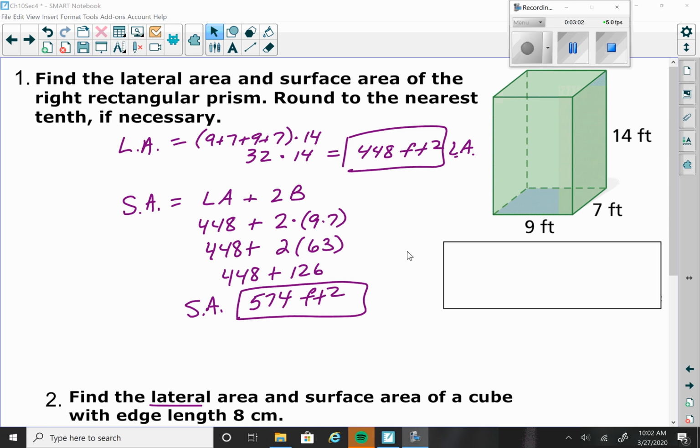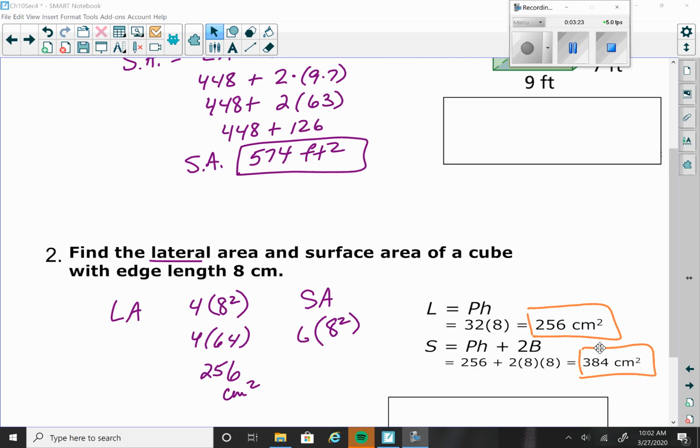Add that to the 448, and I get a total surface area of 574. So again, lateral area plus the bases gives you your total surface area. The other thing you could do is just find the area of each of the faces, each of the rectangles, and add them together to get your total surface area. That's just another way that you could have worked that out.